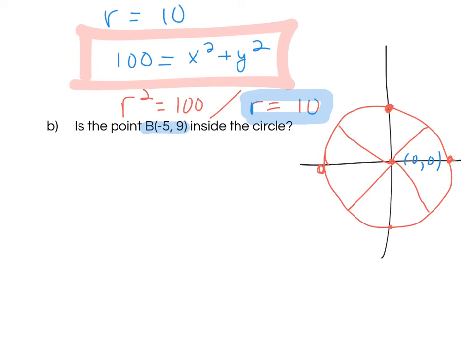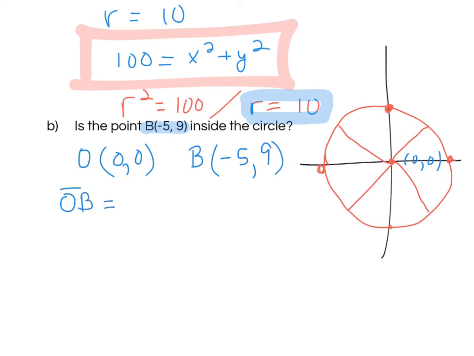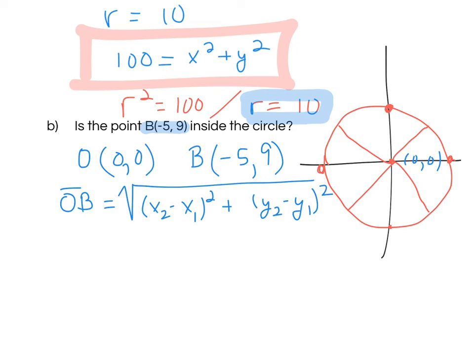So right now, I want to know the length from the origin, which I'm going to label O, which is at (0, 0), all the way to this point B, (-5, 9). I want to know the length of OB. So the length of OB is going to be equal to, remember my length of a line equation, the square root of x2 minus x1 all squared, plus y2 minus y1 all squared. Now, because one of my points is the origin, that actually makes this pretty straightforward.